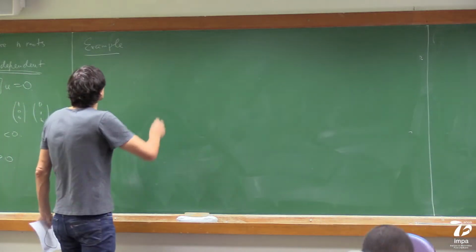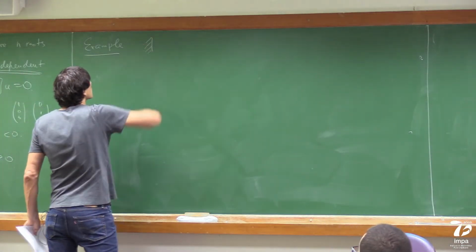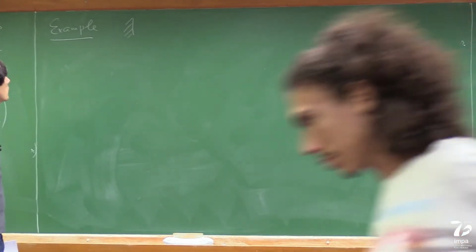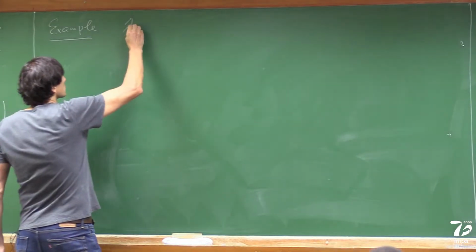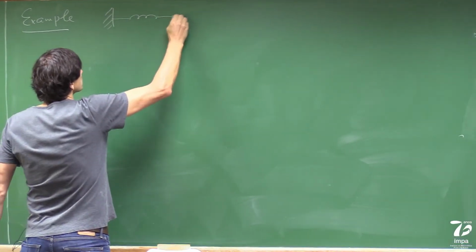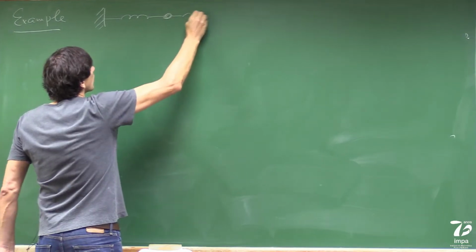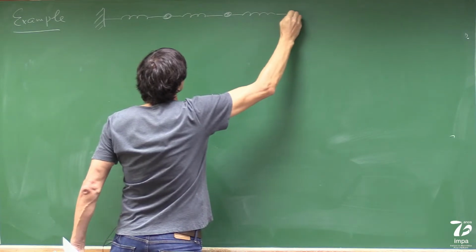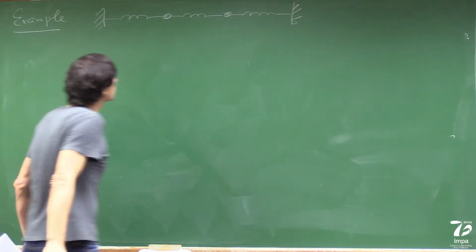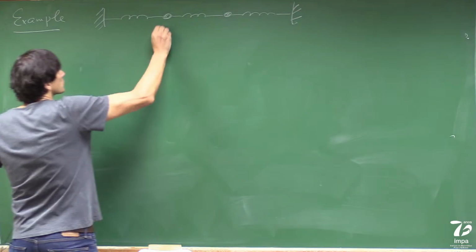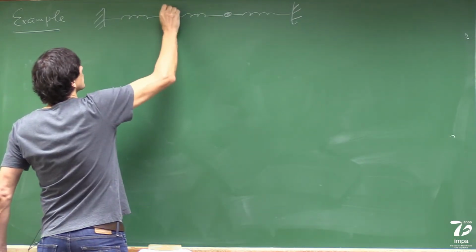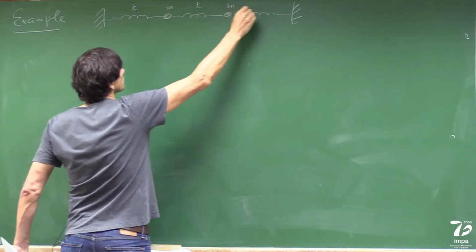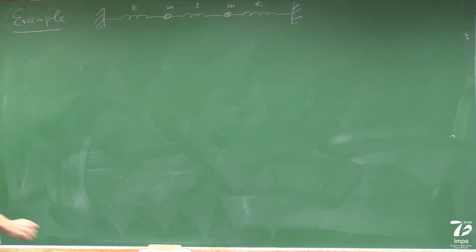So let's consider some sequence of springs and masses, an oscillatory system, between two walls with two masses, so there's a mass M, and springs which also have the same stiffness coefficients.